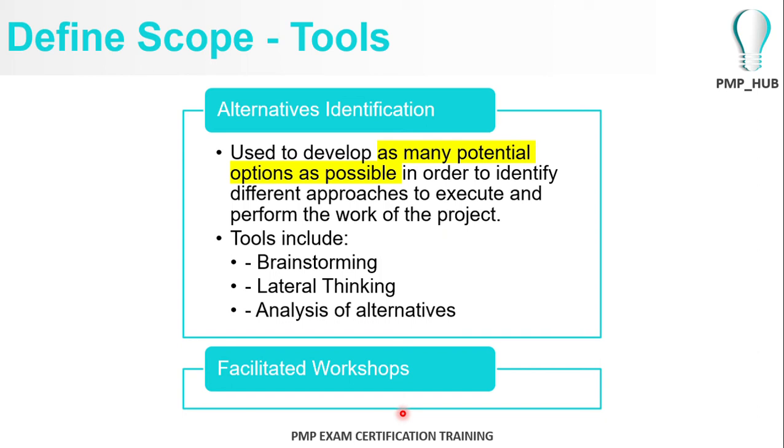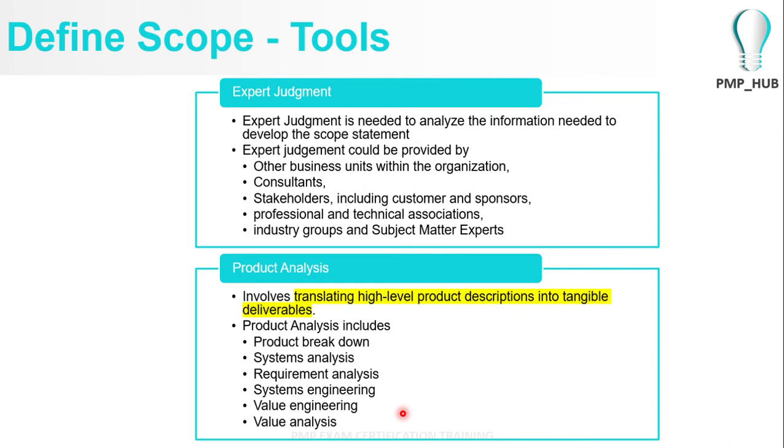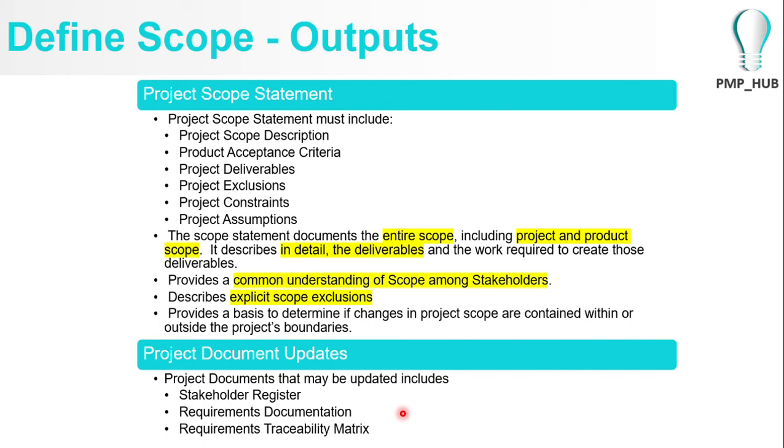As to tools, like brainstorming, lateral thinking, group thinking, analysis of alternatives, facilitated workshops. We show the product to the customer first. Usually in ERP systems implementation, there are facilitated workshops that are conducted. We usually show the product to the customer so that they can visualize it and map their business requirements into the product.